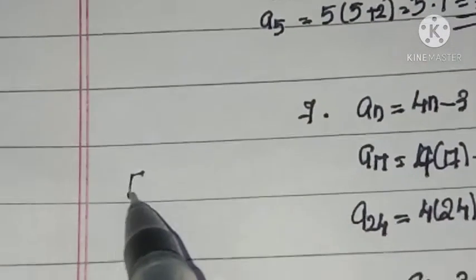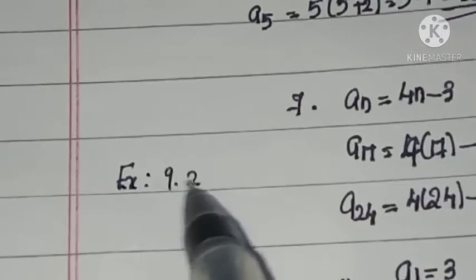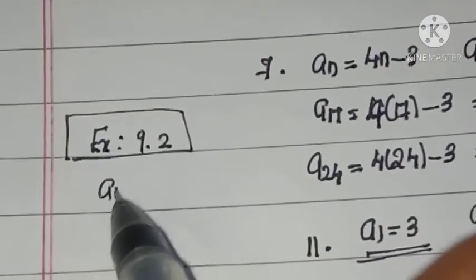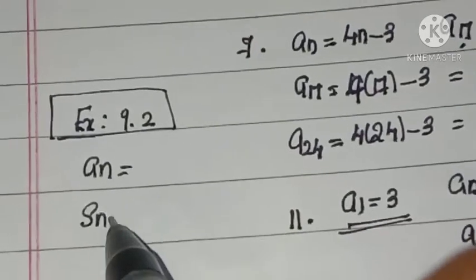Okay. Now see exercise 9.2. Listen, all the questions in exercise 9.2 are based on an, the nth term, and the sum to n terms.